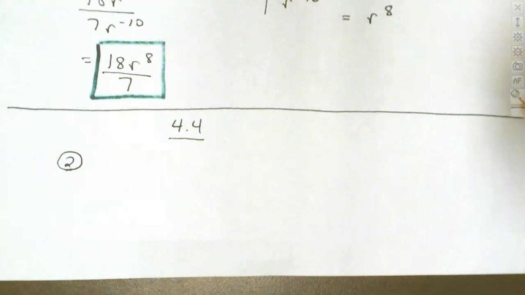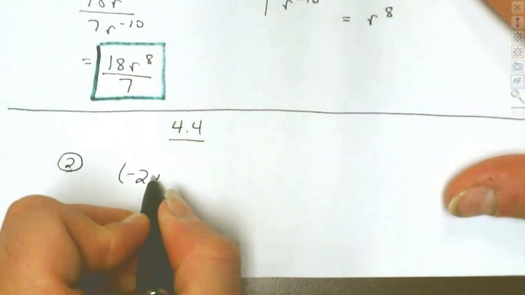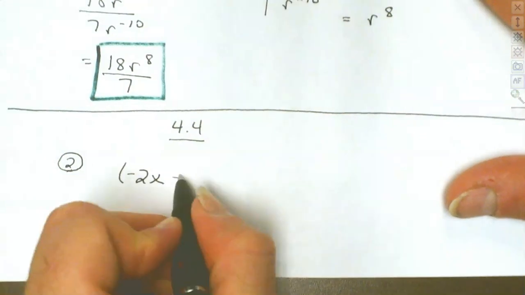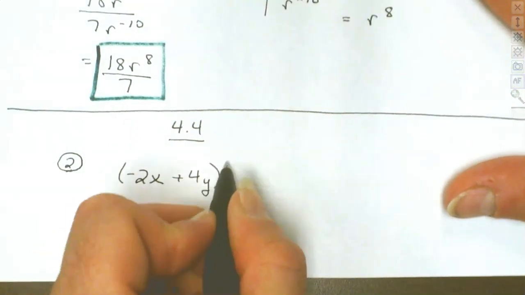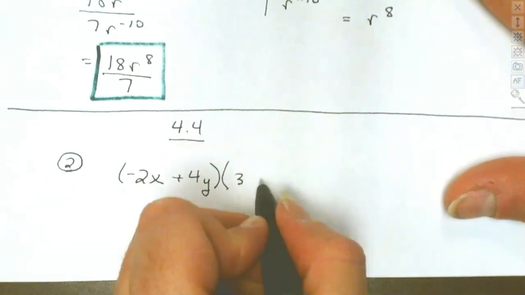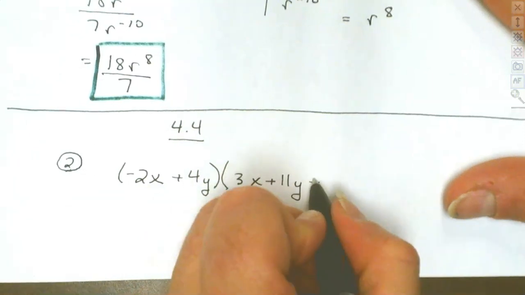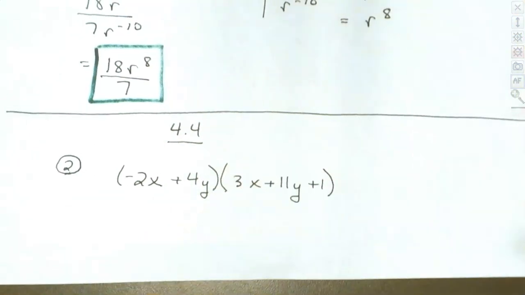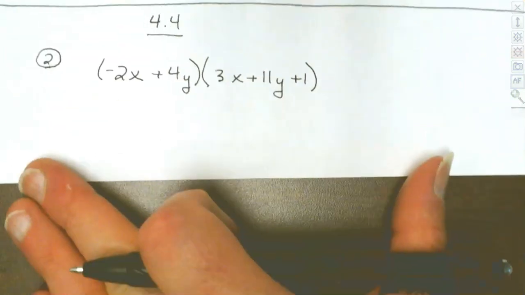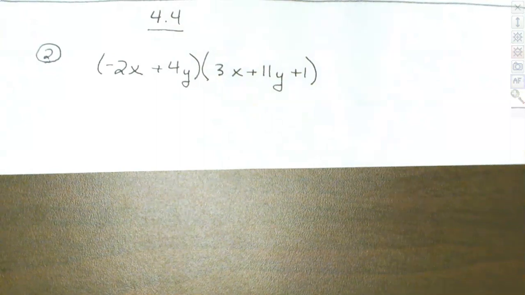So question number 2 in 4-4 is minus 2x plus 4y times 3x plus 11y plus 1. And we need to make sure we know how to multiply these. Very, very important for the rest of this course and also college algebra.